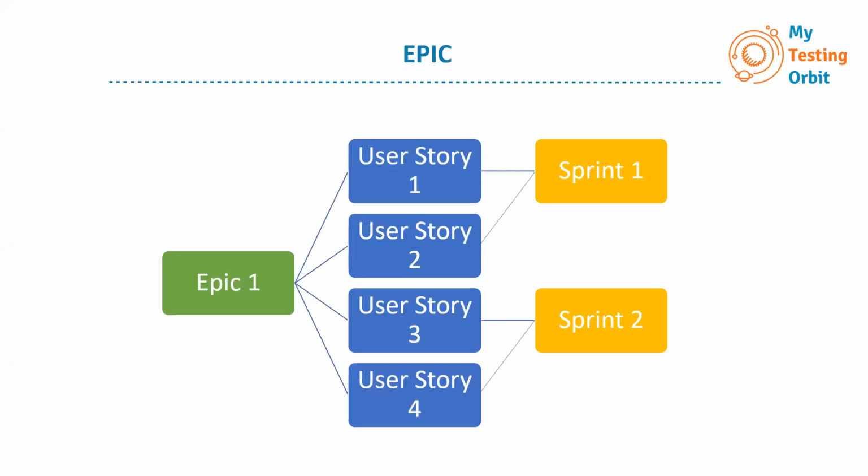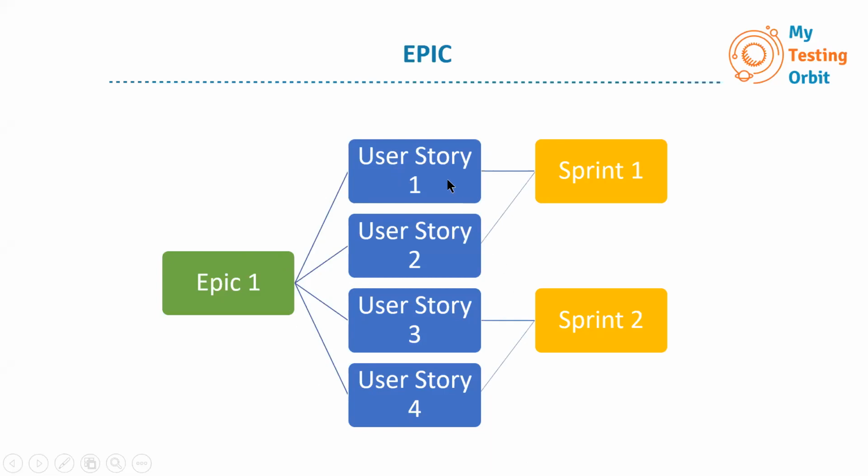If we look at the relation in this form, there can be one epic, and there can be multiple user stories in that epic. In this case, there are 4 user stories in this epic. It's not necessary that we cover all those user stories in one sprint. We can cover them in 2 sprints.